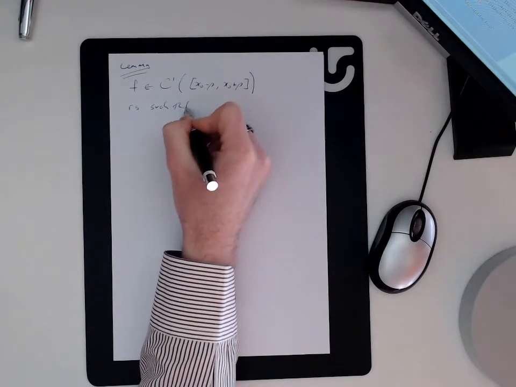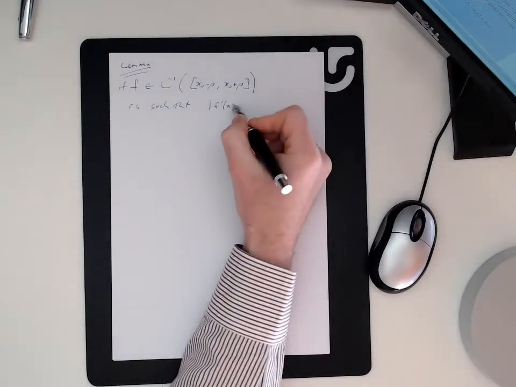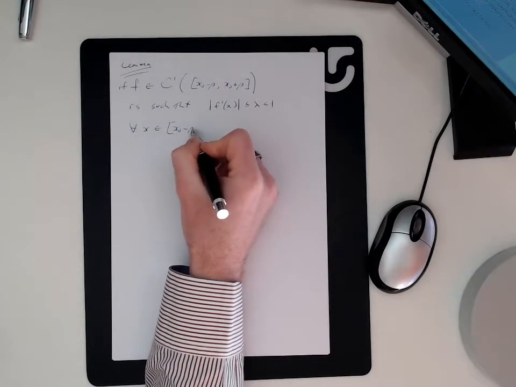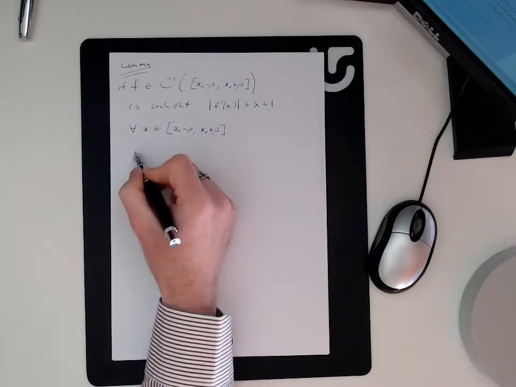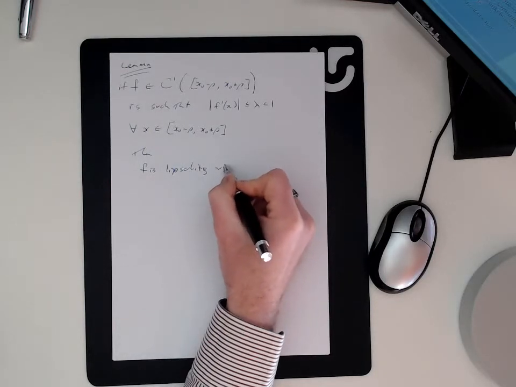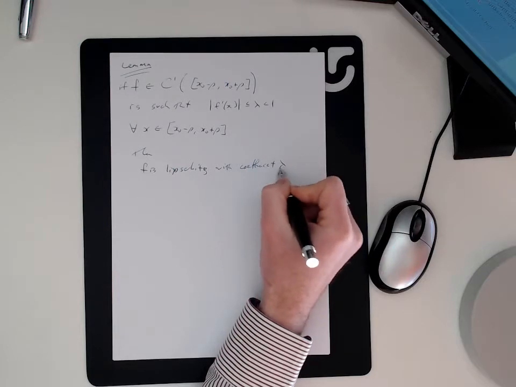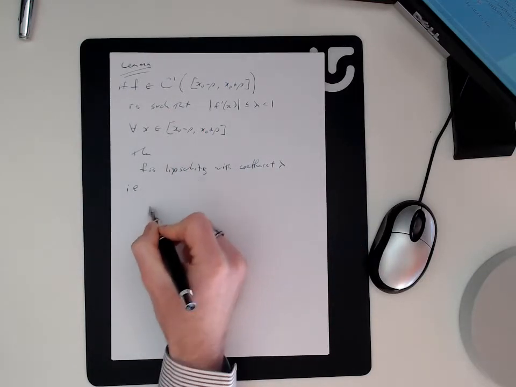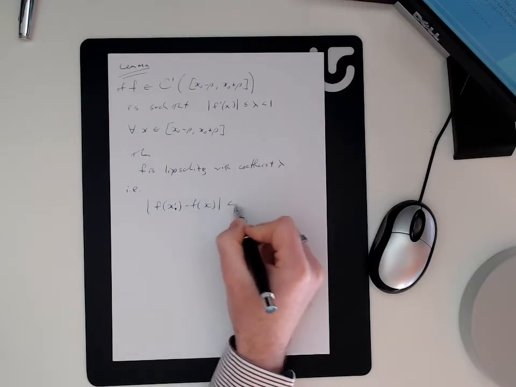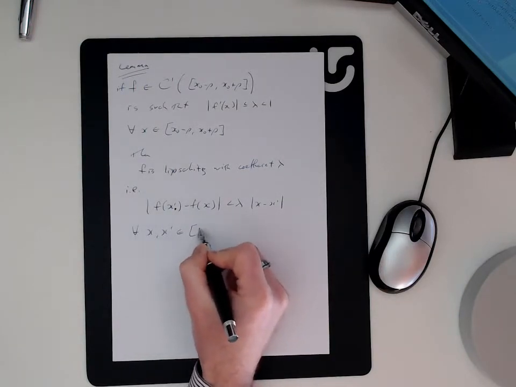If f is such that it has bounded derivative on our interval, less than 1, then f is Lipschitz with Lipschitz coefficient lambda, i.e. the absolute value of f(x) minus f(x dash) is at most lambda times the absolute value of x minus x dash, for all x and x dash inside our interval.